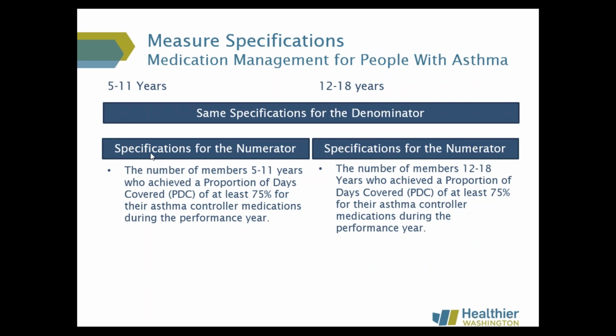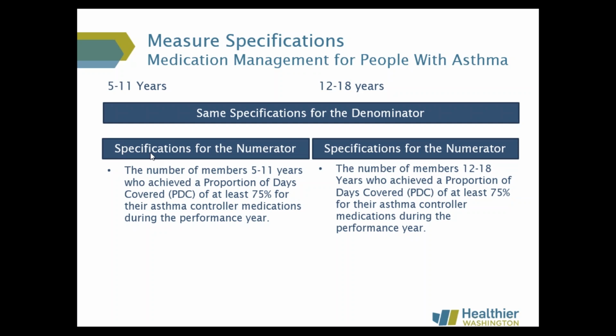This is again one of the administrative-only measures where we are able to capture all the children that are asthmatic and who fill the controller medications appropriately, and capture the information solely based on their pharmacy script filling behavior, and also their condition, so the criteria that allow them to be considered asthmatic based on the claim data.